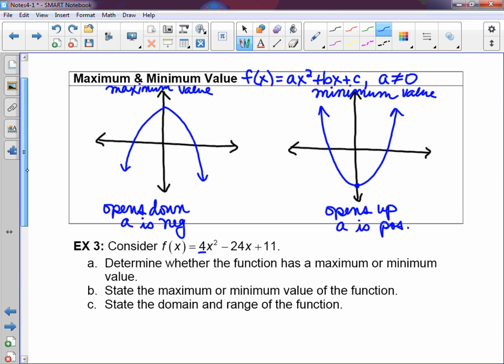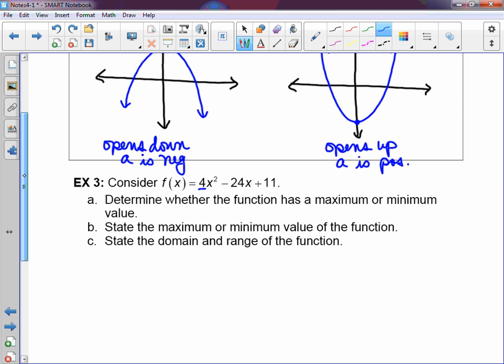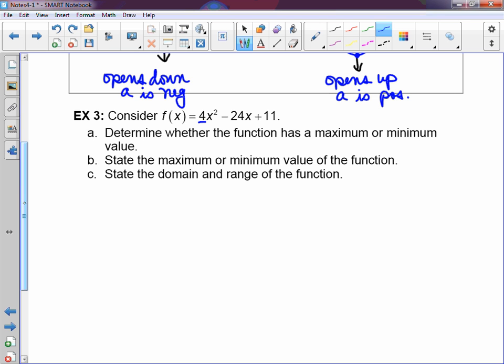It has a minimum. What I mean by the minimum value is what the vertex is. The minimum value or the max value is the vertex. So there's nothing extra that you have to find. We just decided that it has a minimum. So somewhere on your paper you would put minimum.